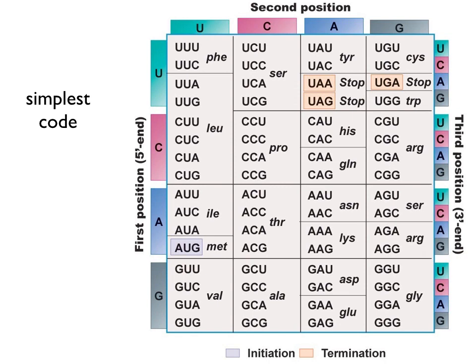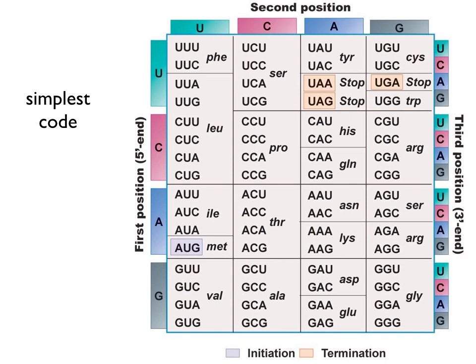So the first thing I'm going to show you is what we call a codon chart or codon table. This is a way in which we can visualize all of the possible 3-letter, or 3-nucleotide, combinations that can be created by arranging G's, A's, U's, and C's in groups of 3.